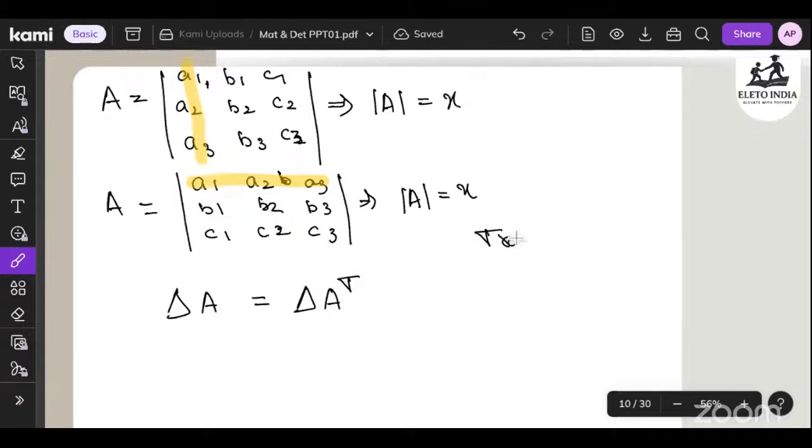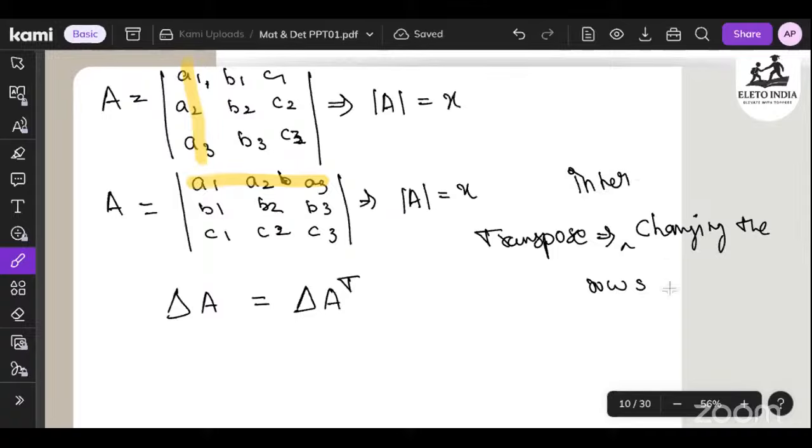Transpose is nothing but you are interchanging the rows and columns.